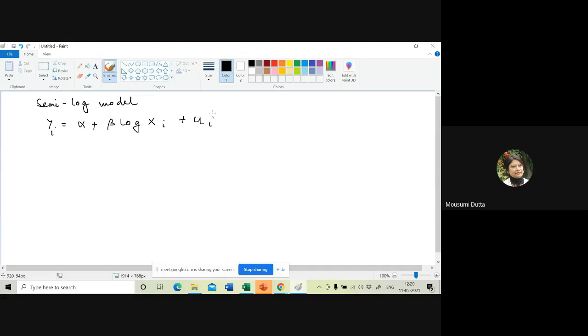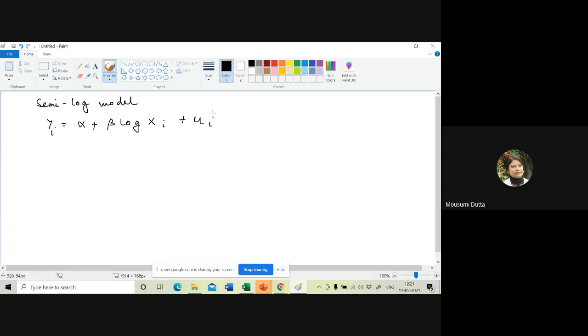However, when we are discussing all these things, we have to keep one point in our mind. Now, x has a particular economic interpretation. Log of x has another kind of interpretation. In fact, if both y and x are in logarithmic format, in that case, the regression coefficient indicates the elasticity, because beta will be d log y by d log x.